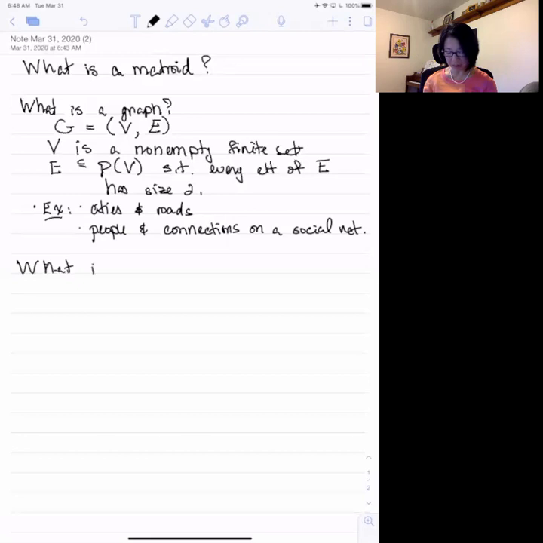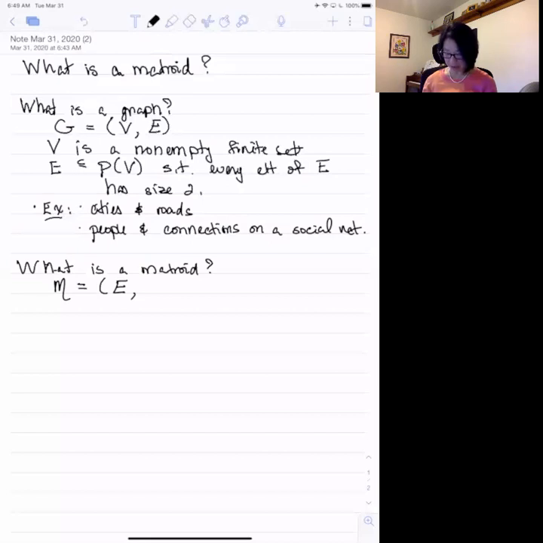Okay, so similarly, what is a matroid? Well, a matroid is a thing M that consists of an ordered pair: a non-empty finite set that we usually call E, together with, and here we can talk about what a matroid is in lots of different ways.